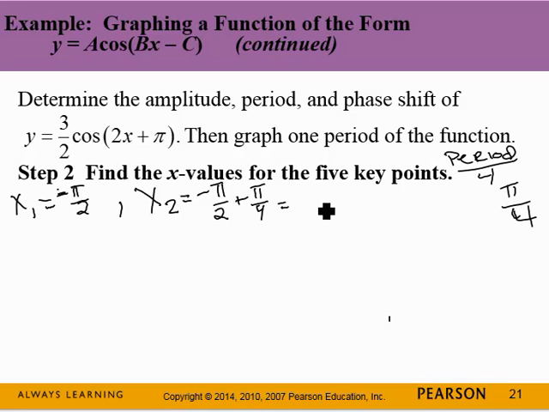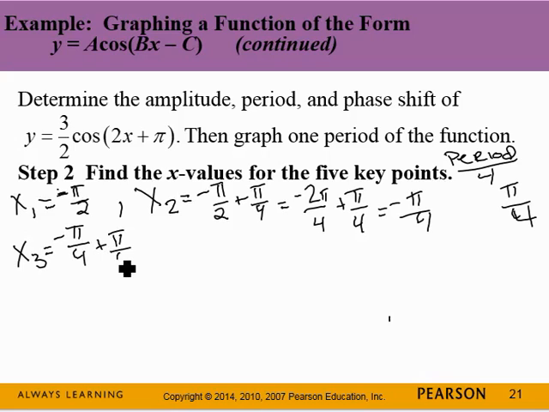So if we were to convert to have similar denominators, you're going to have negative 2 pi over 4 plus pi over 4. So negative pi over 4. So you have negative pi over 4 plus pi over 4, so just 0. x4 is 0 plus pi over 4, just pi over 4.